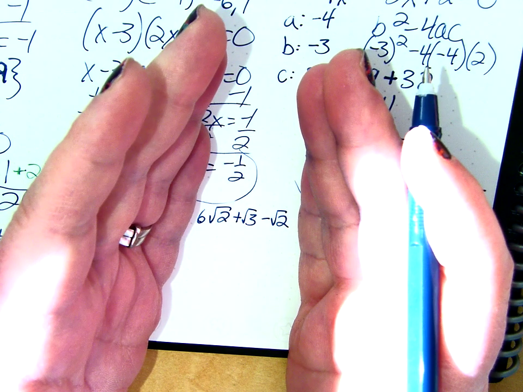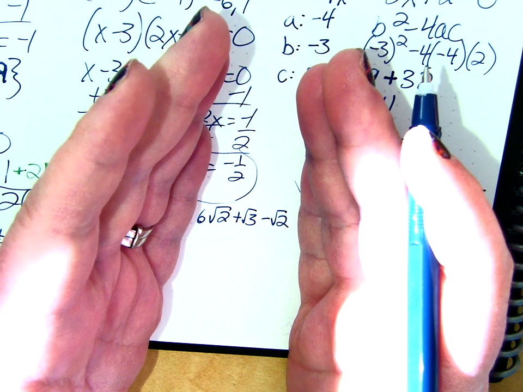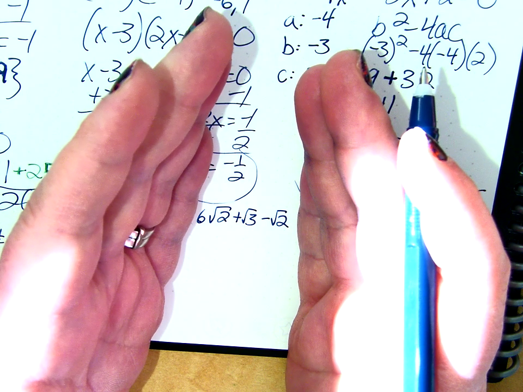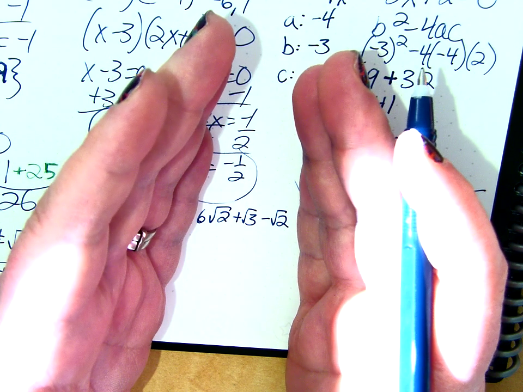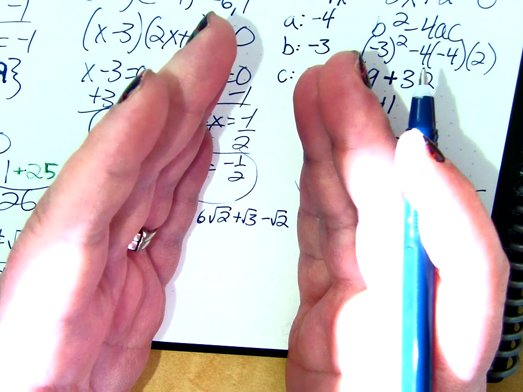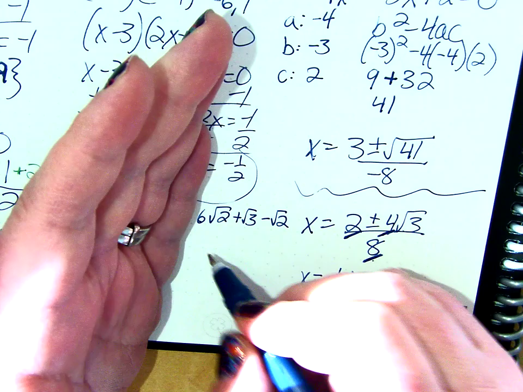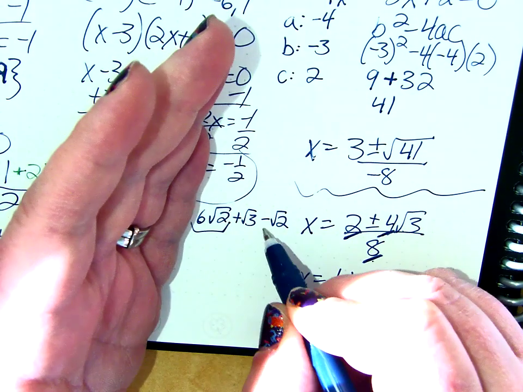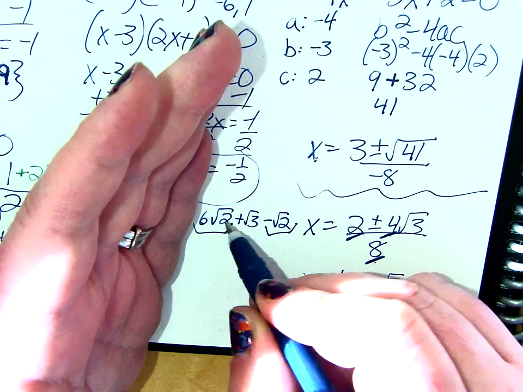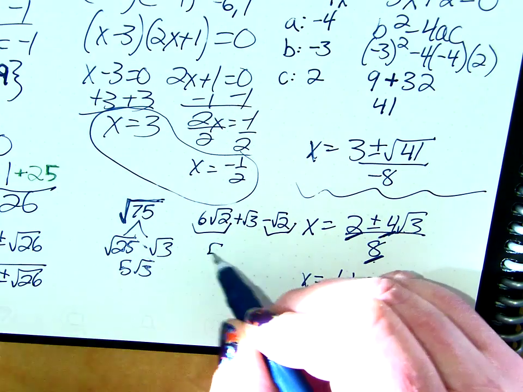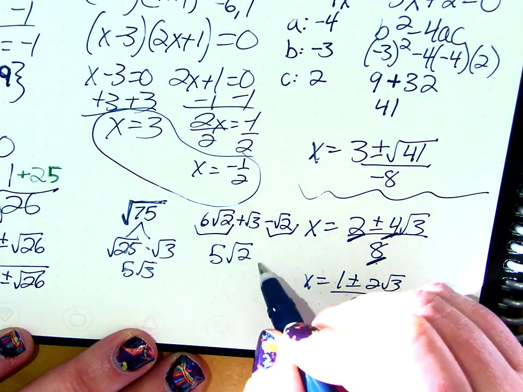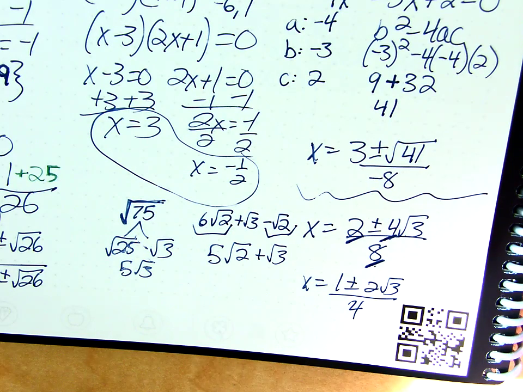Yes, like radicals, remember? Just like variables. So like 6x plus 2x is 8x. But 6x plus 2y, there's nothing you can do with them. So if I don't have like radicals, I can't combine them. I have like radicals right here, 6 root 2 and a negative root 2. So that's 6 of these minus 1 of these. That's how I get 5 of these. And then I just have that plus root 3 that just stays on the end.